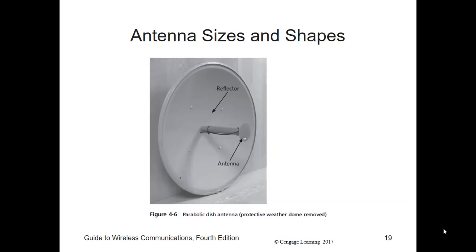With the dish antenna, the parabolic surface of the dish is used to reflect the received signal onto the antenna element. At the transmitter end, the signal leaving the antenna element is reflected by the dish and then leaves the antenna in one direction only.